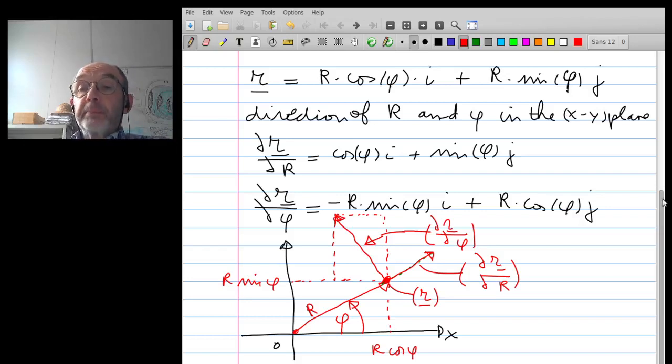Now, what is of importance? The xy plane has an anti-clockwise orientation. That is the orientation.